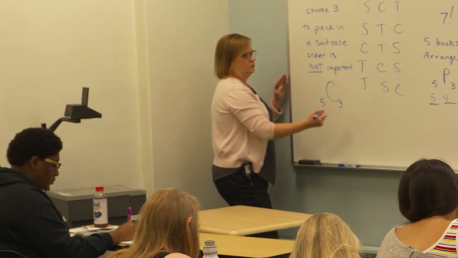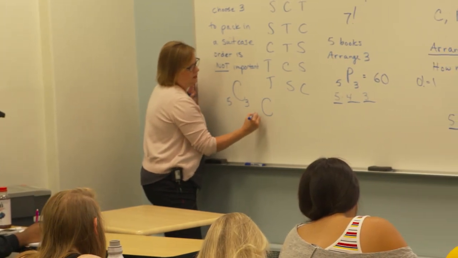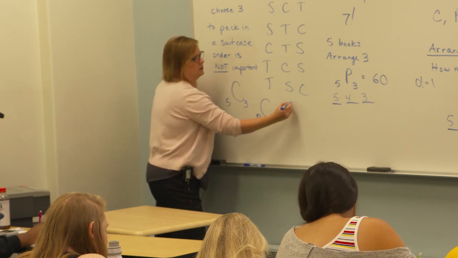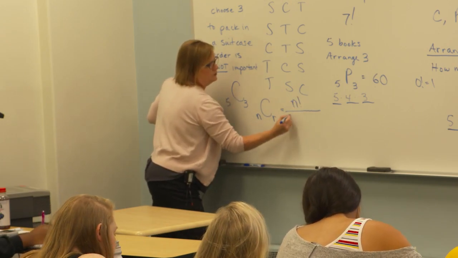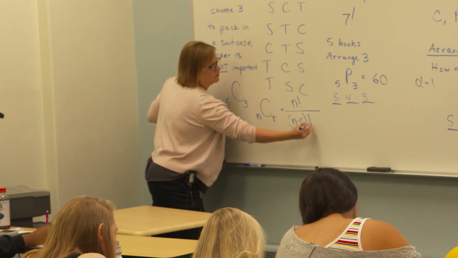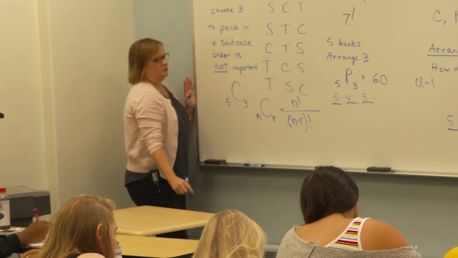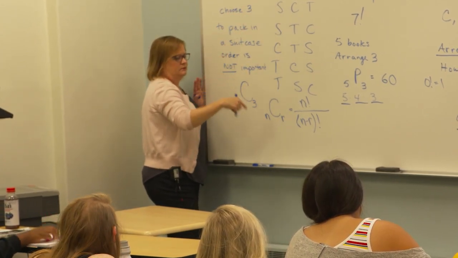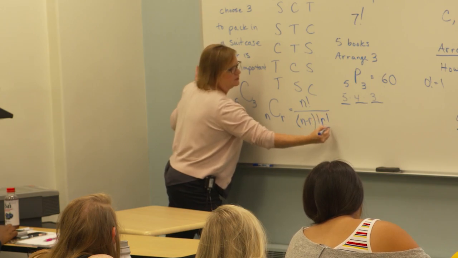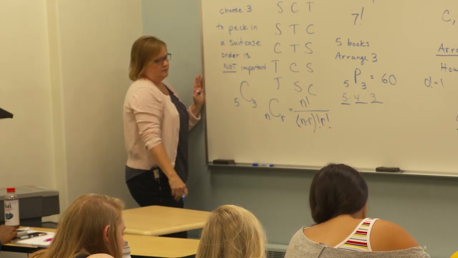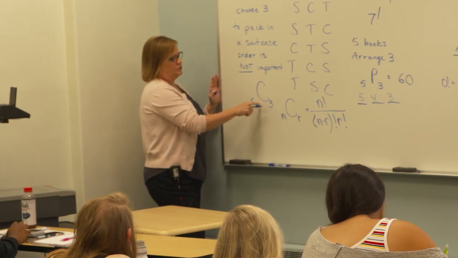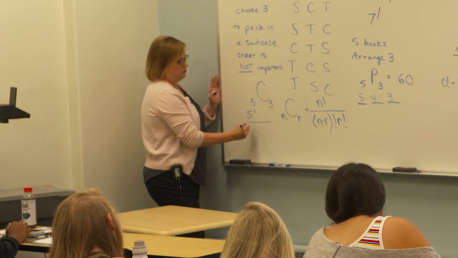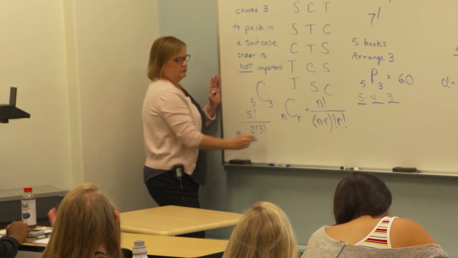Okay, let's see if I can fit the formula up here. So combination n choose r starts out like a permutation, n factorial over n minus r factorial. But it divides by those permutations, so it takes out that extra part: r factorial. So see what it would look like for 5 choose 3: 5 factorial over 5 minus 3, 2 factorial, times 3 factorial.